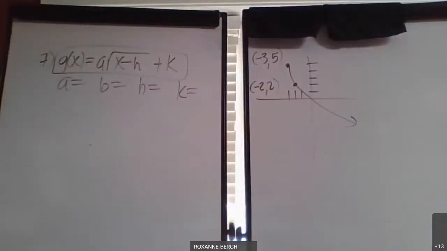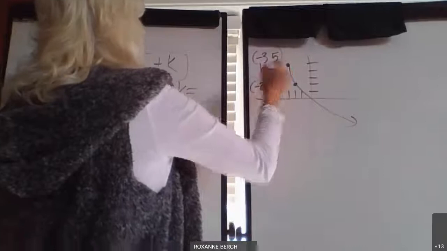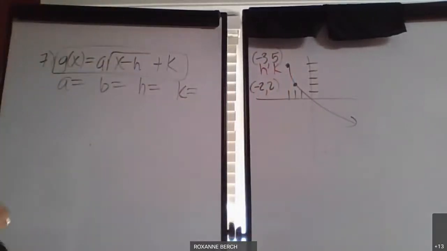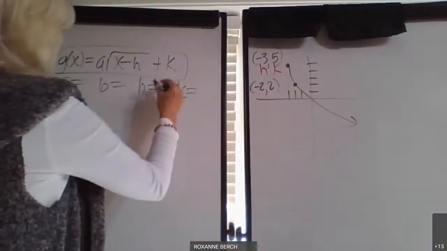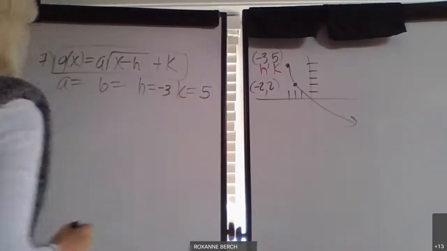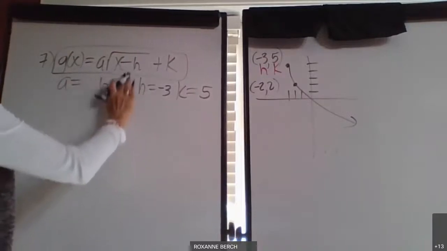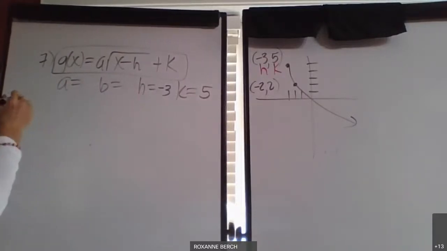All right. So what's your H and K? -3 and 5. What's A? We don't know, but B is.